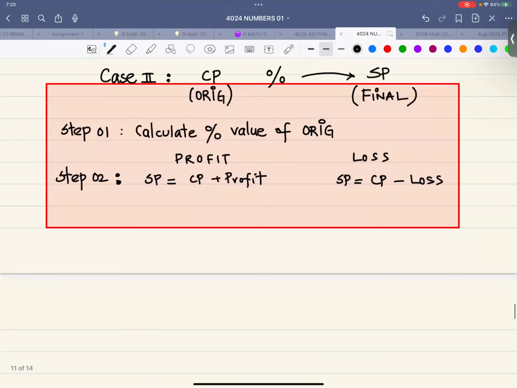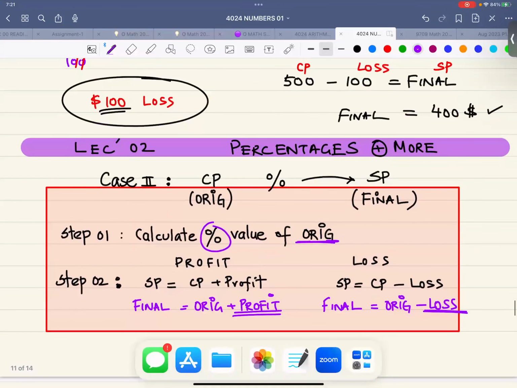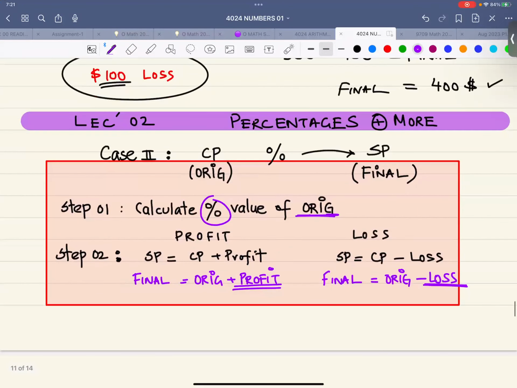If you want me to write it in the original and final wording, final price is original plus profit, and final price is again original minus the loss value. Of course, when we talk about percentage value of original, that could be profit or loss, and this is the equation that we will follow. Now, is this all clear to you? Acknowledge it in the group or individually, doesn't make a difference.